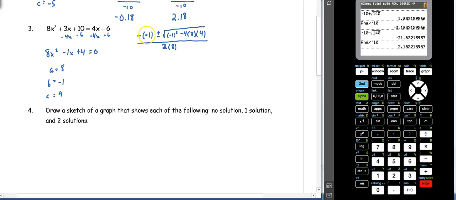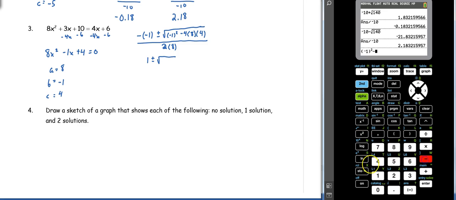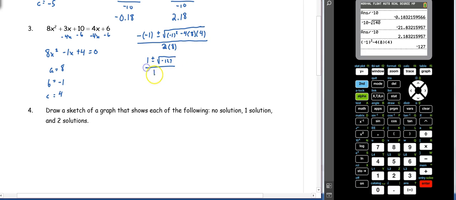When I simplify, negative times negative 1 is just 1, plus or minus the square root. We're going to put that in the calculator and see what we get. In this case, we get parenthesis negative 1 squared minus 4 times 8 times 4. We get negative 127 over 16.